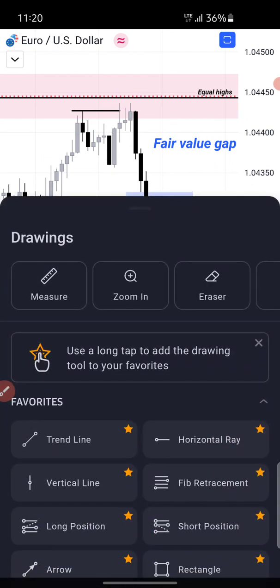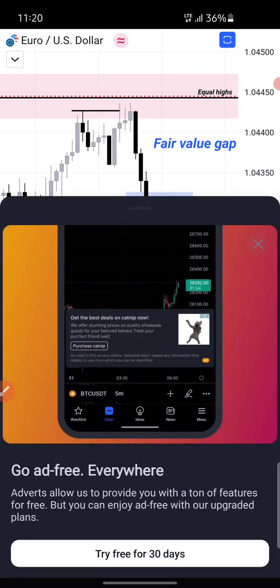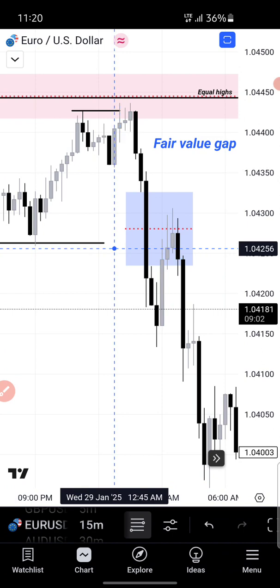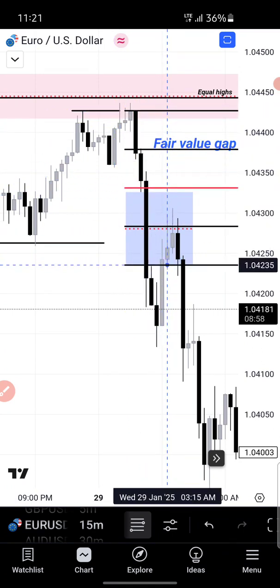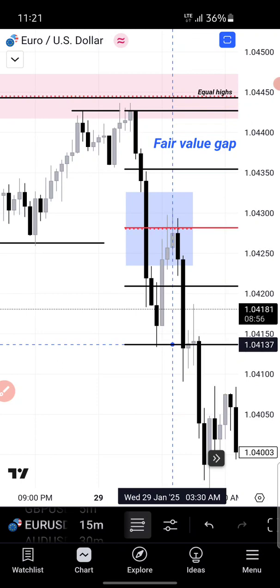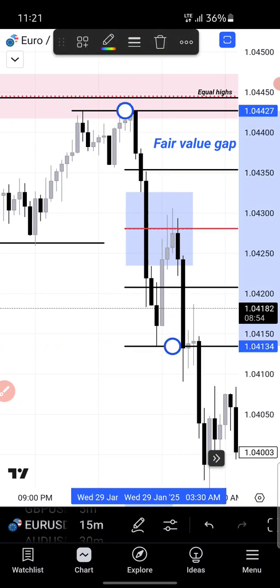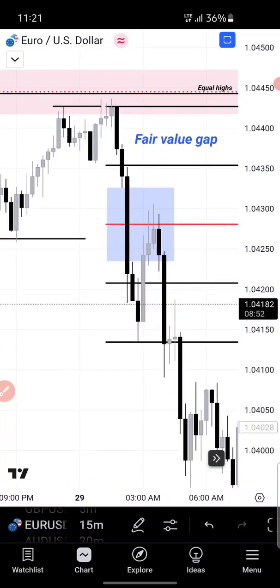Now, if I take a Fibonacci right here, from this big drop to this place, on the highest high to the lowest low, if you watch carefully, the red line, which is the midpoint of the Fibonacci, is also tallying with the midpoint of this fair value gap. This is a very, very A plus setup, a very, very nice setup.